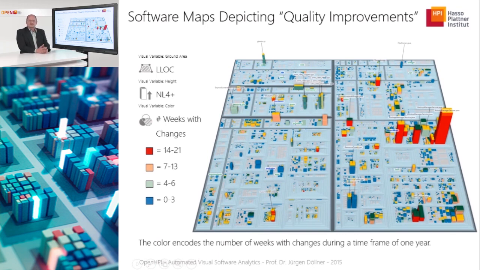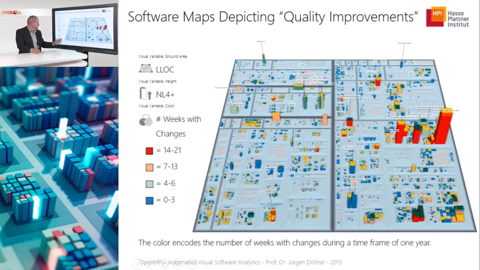And the other information dimension used is the number of weeks with changes observed over a period of time of 1 year. For example, the red tall cuboids indicate software module source code units that have a high level of nesting and, due to the red color, have been changed in a large number of weeks throughout the year.